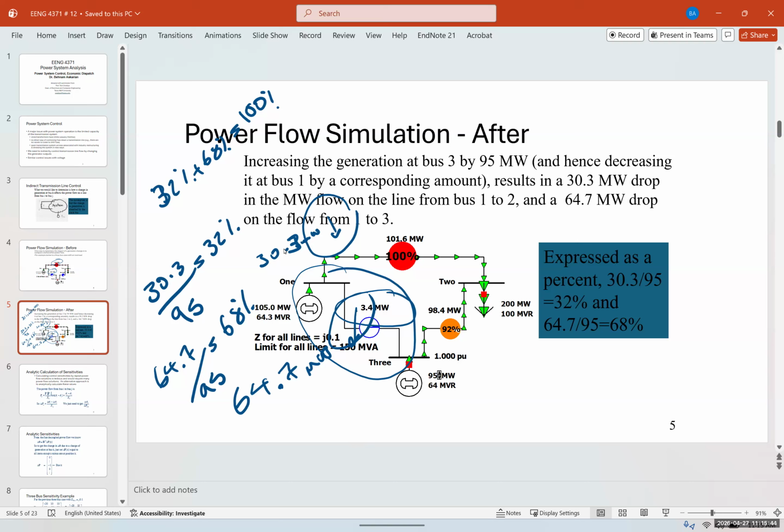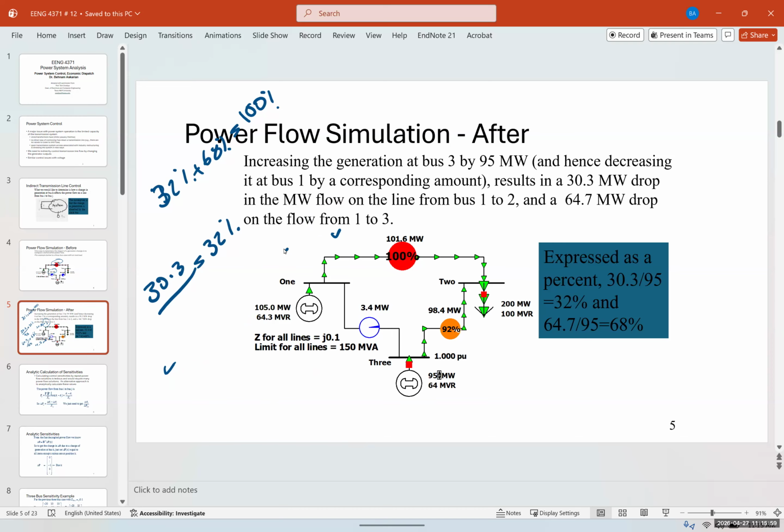So for every 1 megawatt we increase at bus 3, the flow on line 1-2 drops by 0.32 megawatts, and the flow on line 1-3 drops by 0.68 megawatts. So we have just changed one of the generators, and you can see it affects the whole system.